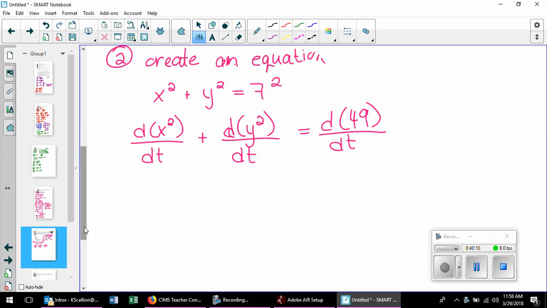So our equation is going to be 2x times dx over dt plus 2y multiplied by dy over dt, which is the exact same thing as saying y prime in respect to t. And this is going to be a big whopping 0.